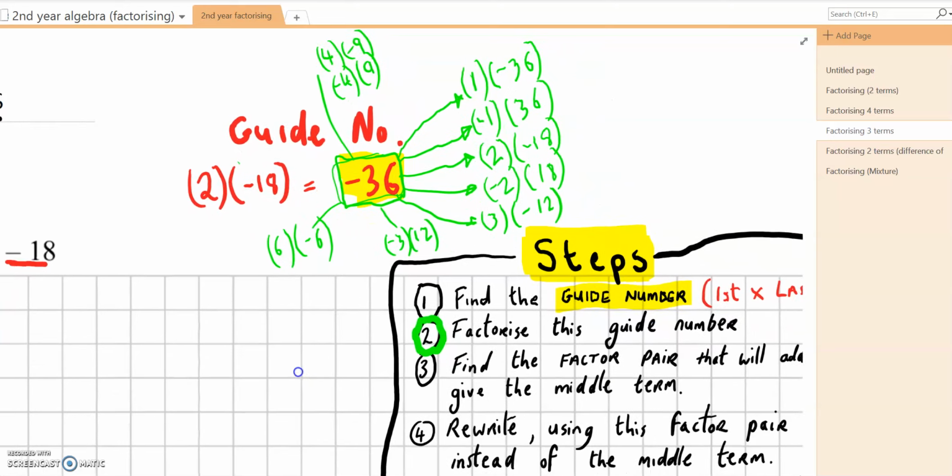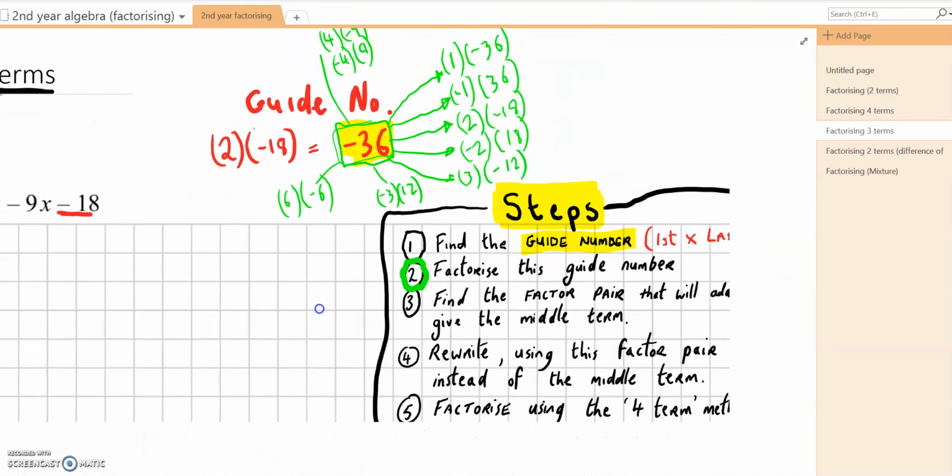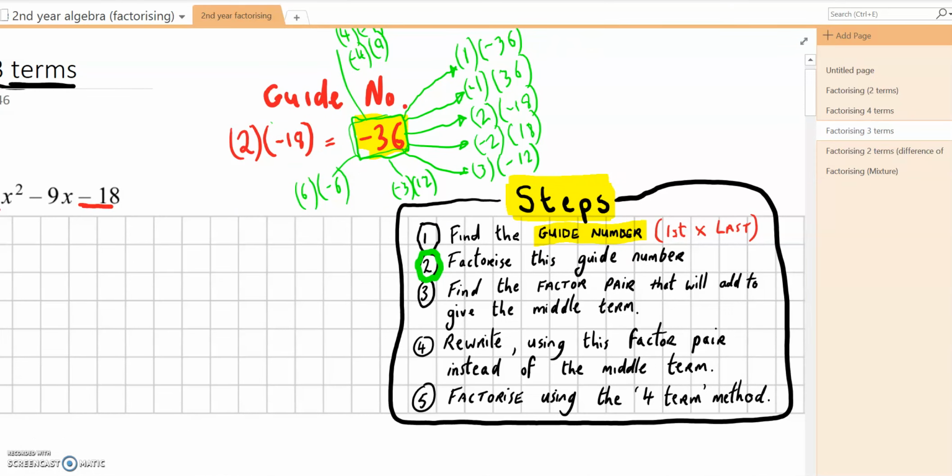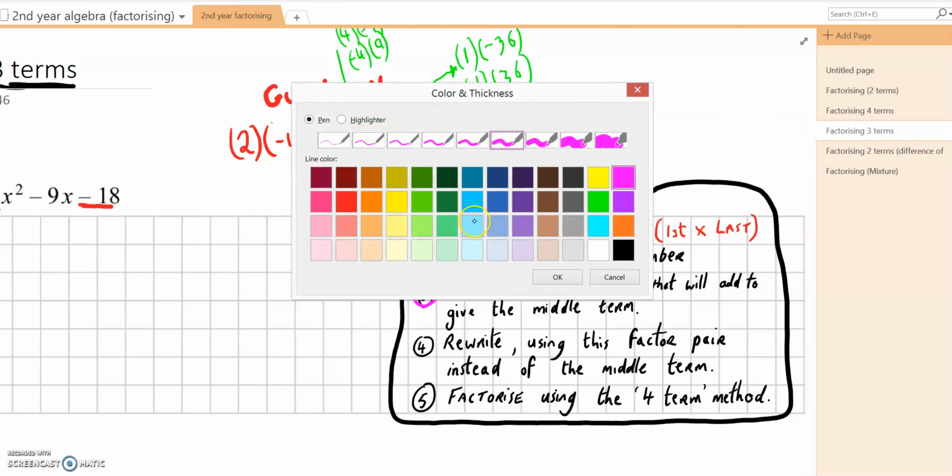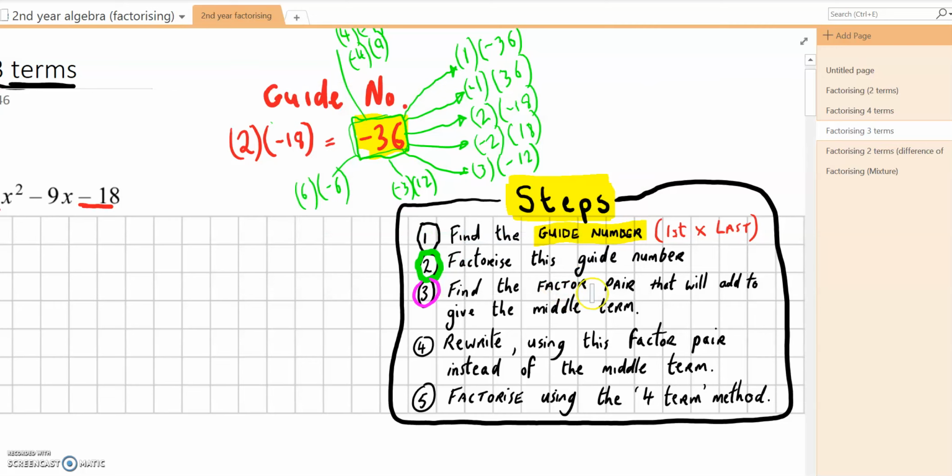I'm now going to look at step 3 to see if I've done enough to get me onto this next stage in the question. Step 3 says, find the factor pair that will add to give the middle term. Now I need a little highlighter for this because this is important. What is this middle term?